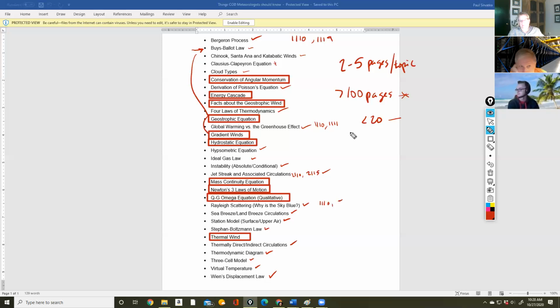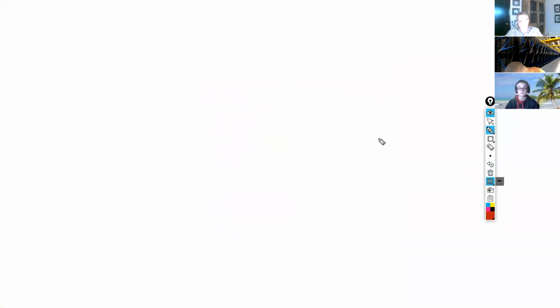Okay. The thing that I wanted to talk about before we go on, and it deals with instability, is this. Here's the ground. In terms of potential temperature, what is a statically stable atmosphere?